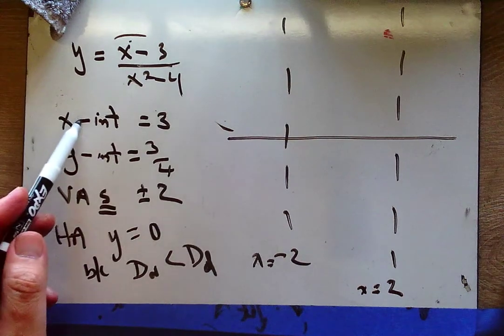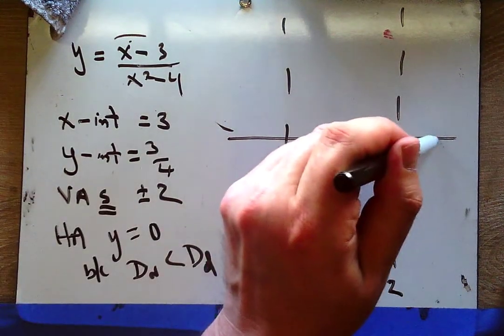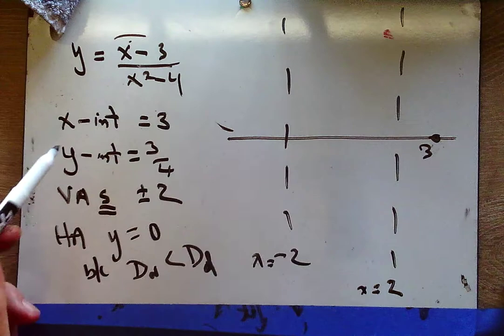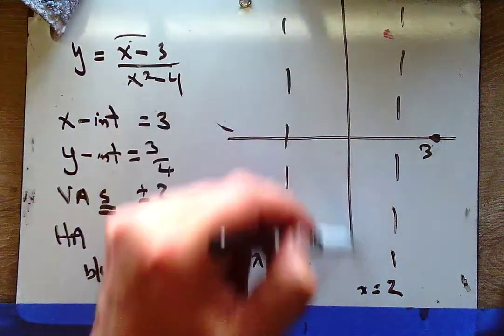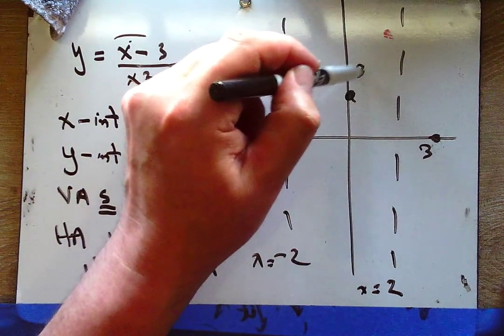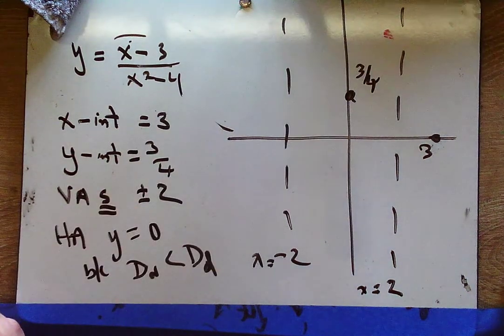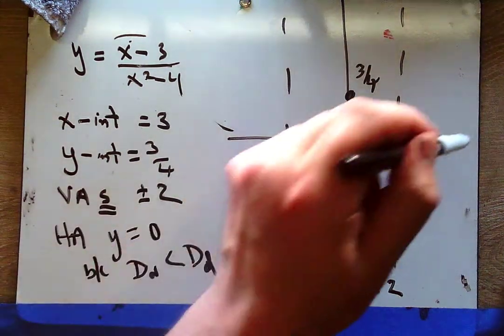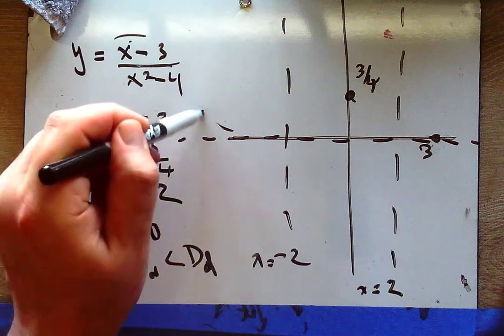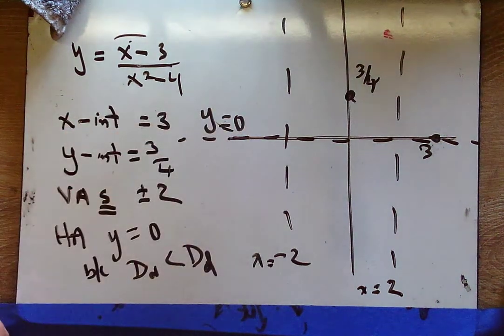We've got an x-intercept of 3, that's over here, and a y-intercept of 3/4. Okay, and don't forget the horizontal asymptote at y equals 0.